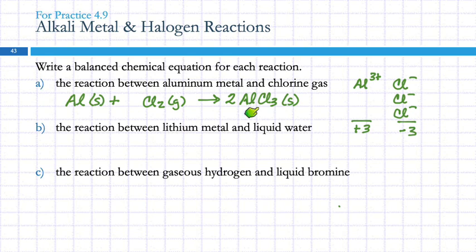But if I do that, now I've messed up my aluminums, so I better go over here and put a 2 in front of aluminum. Now I have 6 chlorines over here, so if I have 3 chlorines over there, I balance the chemical equation. Any questions about A?